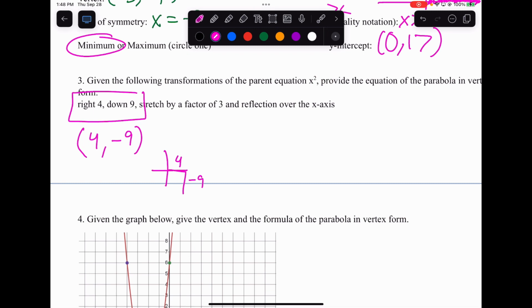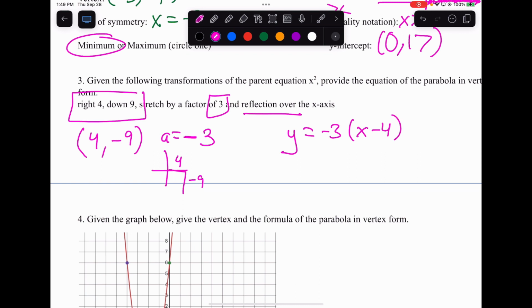I've got a stretch of 3, so my a is going to have a 3 in it. And since it's a reflection, I also need to make my a value equal to -3. So we're going to say y equals -3 open parentheses x minus 4 squared minus 9.